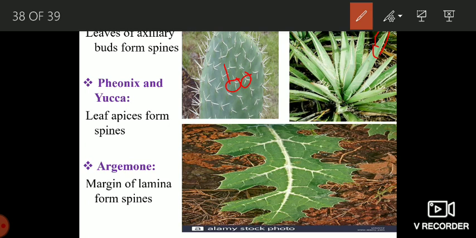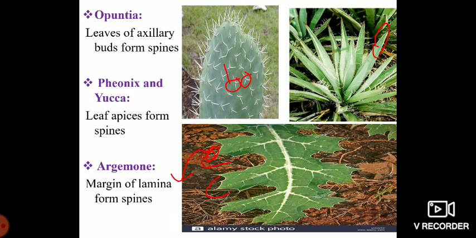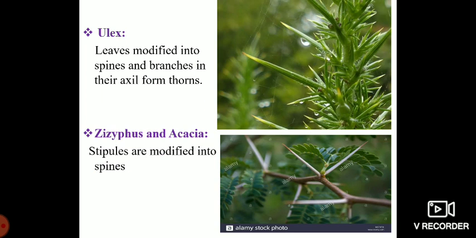Then in argemone, the margins of lamina form spines. Here you can see this is the leaf margin, and these leaf margins have got modified and resulted in the formation of spines. Then in ilex, the leaves get modified into spines, and the branches in the axils of these leaves form thorns.